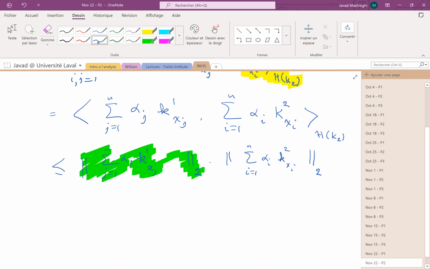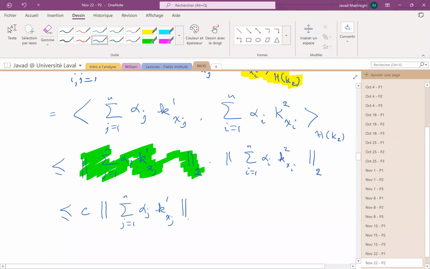So I can write this less than or equal to the constant C that we had before, which is the norm of T, times the norm of the same object, sum of alpha j k_xj, but this time in the first space.